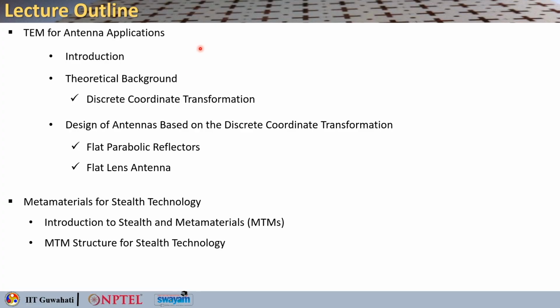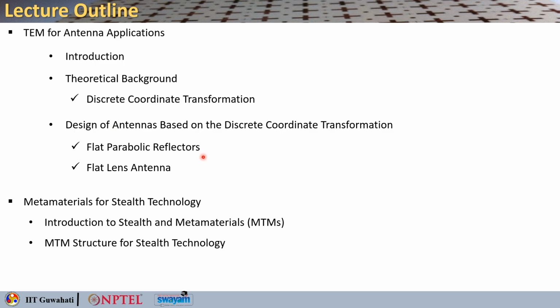We will discuss transformation electromagnetics for antenna applications by first introducing the topic and its theoretical background, focusing on the discrete coordinate transformation, and then we will take up some design of antennas based on the discrete coordinate transformation.